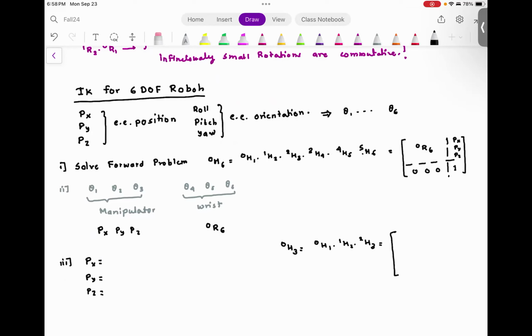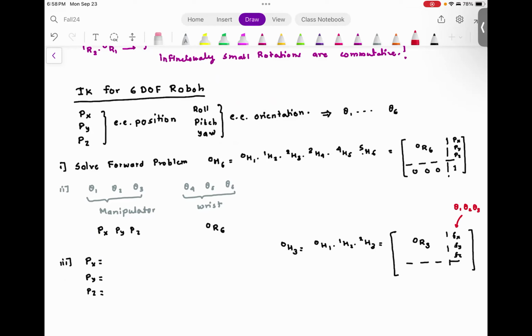And I would get this big homogeneous transformation matrix with 0R3, and there will be the expression for Px. I'm going to call this Fx, Fy, Fz. And since we only have 3 angles, Fx, Fy, Fz will be dependent on theta 1, theta 2, and theta 3.